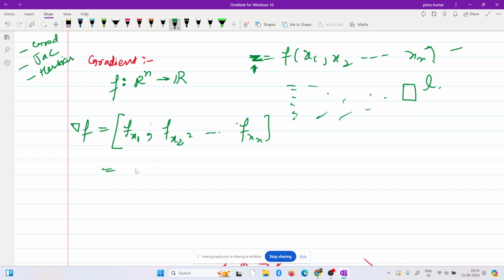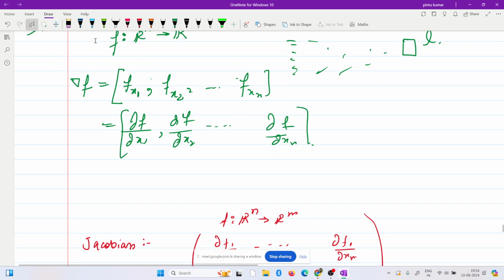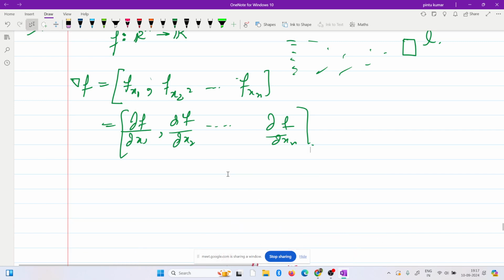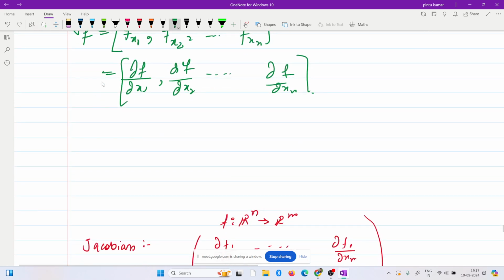Just to clear the notation, this is just del f by del x1, del f by del x2, and so on. This is what is defined to be gradient. I think we will have some questions towards the end where we will actually calculate these things.